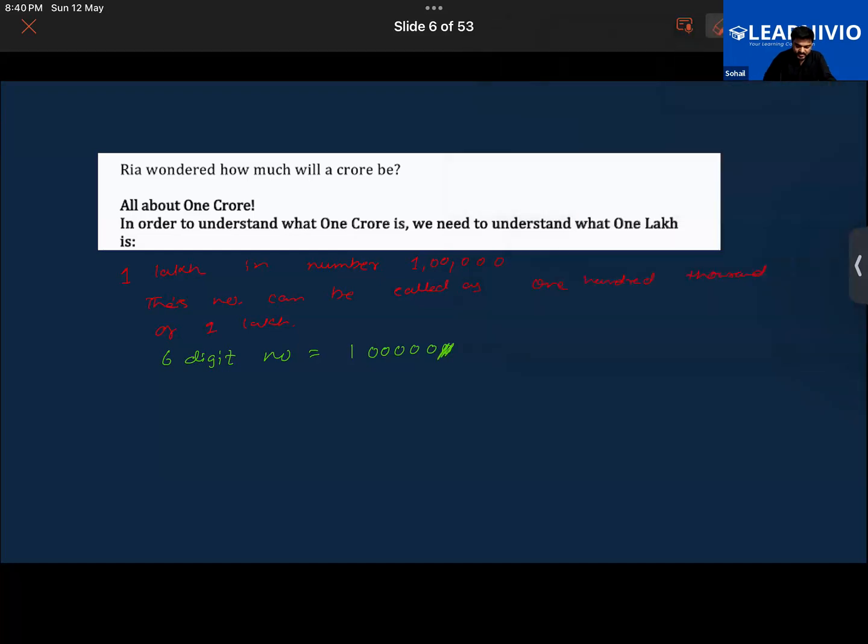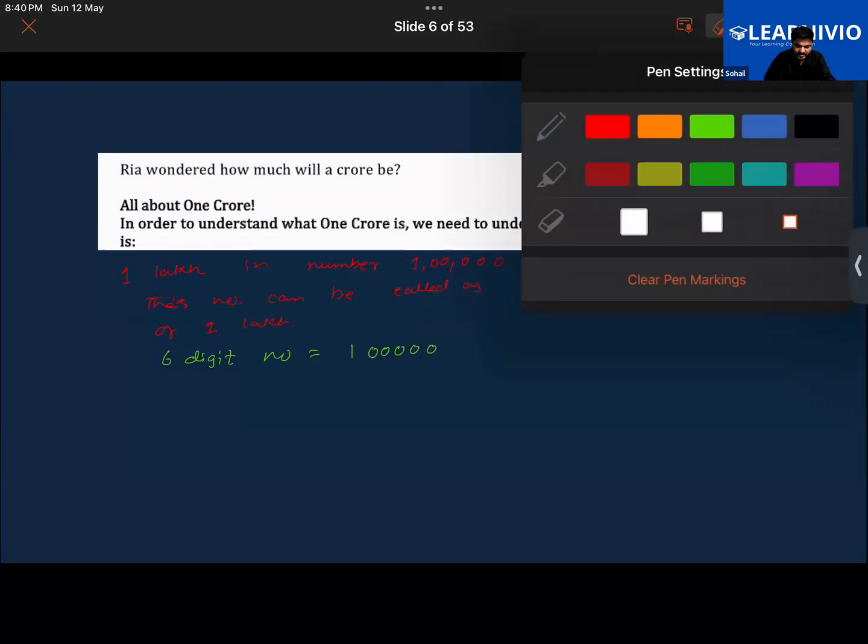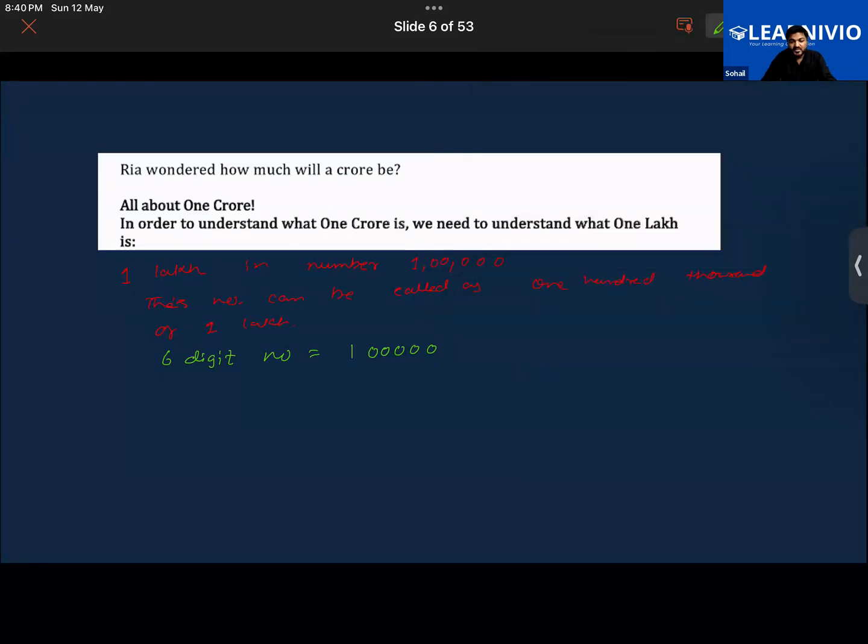That is 5. So it's a 6-digit number having 5 zeros. And can't we also say that this is the smallest 6-digit number? Yes.